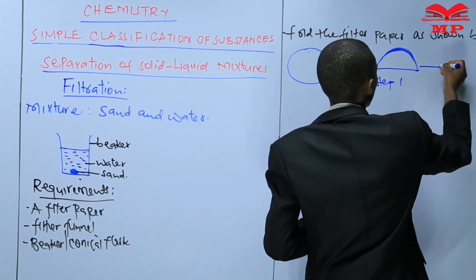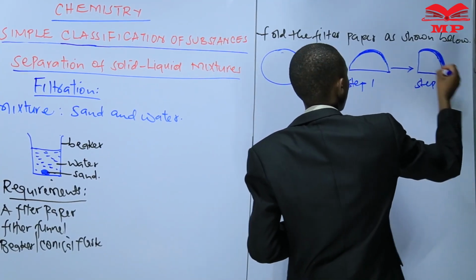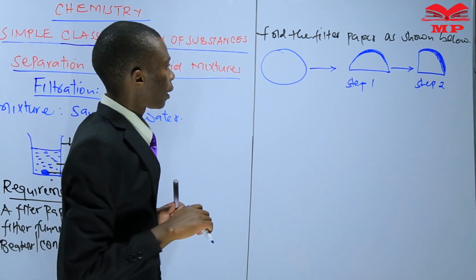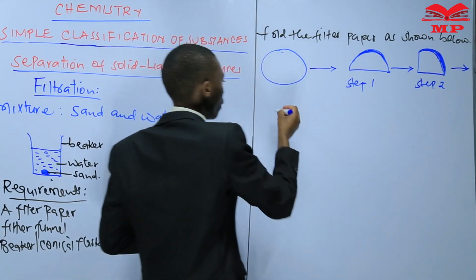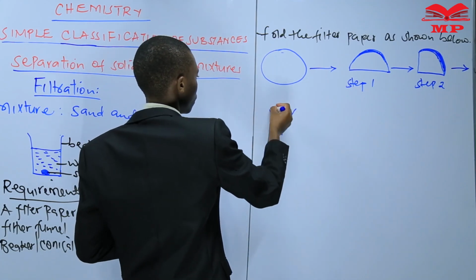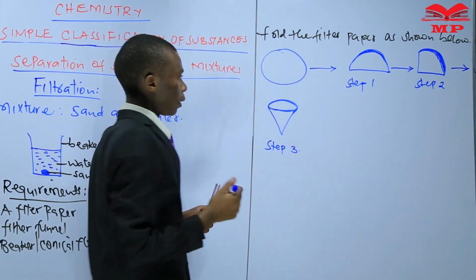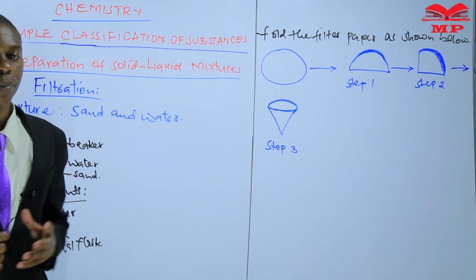Then step 2. That is what you obtain in step 2. And in step 3, you'll now have something like this. That is step 3. Therefore, the filter paper is round in shape.